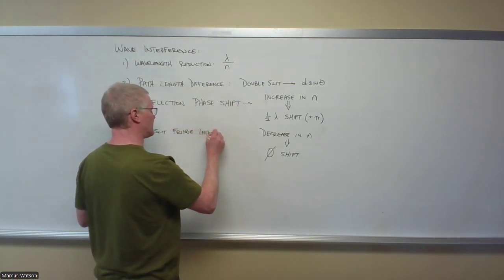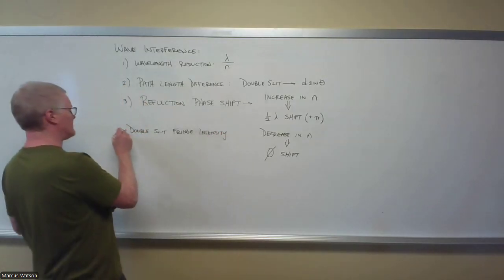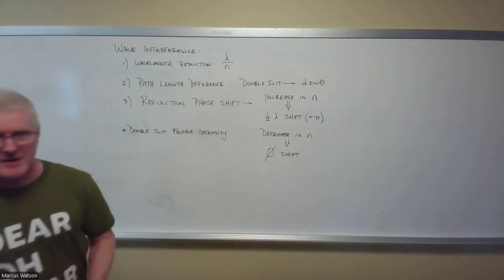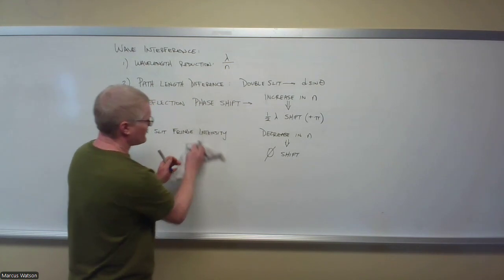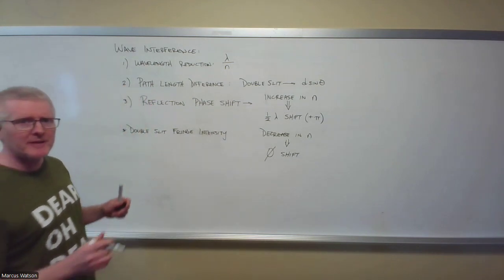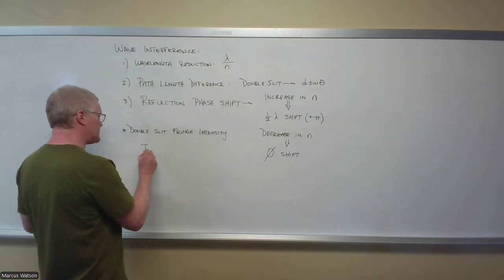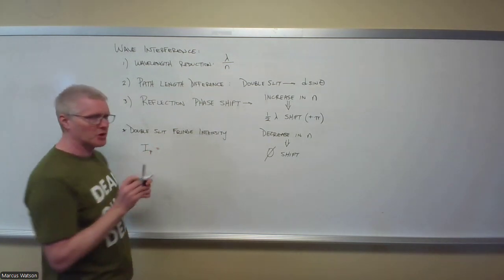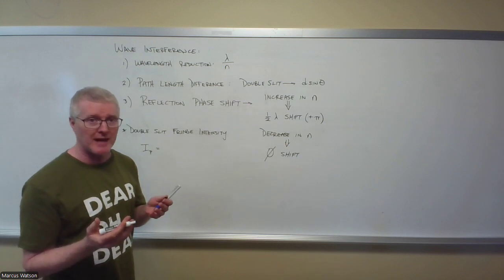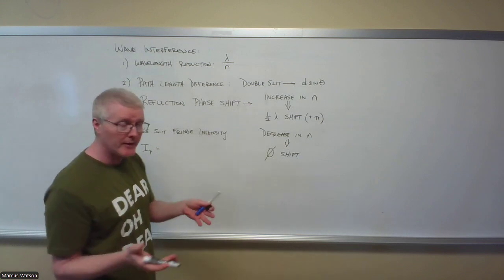Okay, for the double slit fringe intensity. And we were doing a little bit of this at the end of last time, where I was telling you that the intensity at some point on the screen is proportional to the electric field magnitude, amplitude squared.